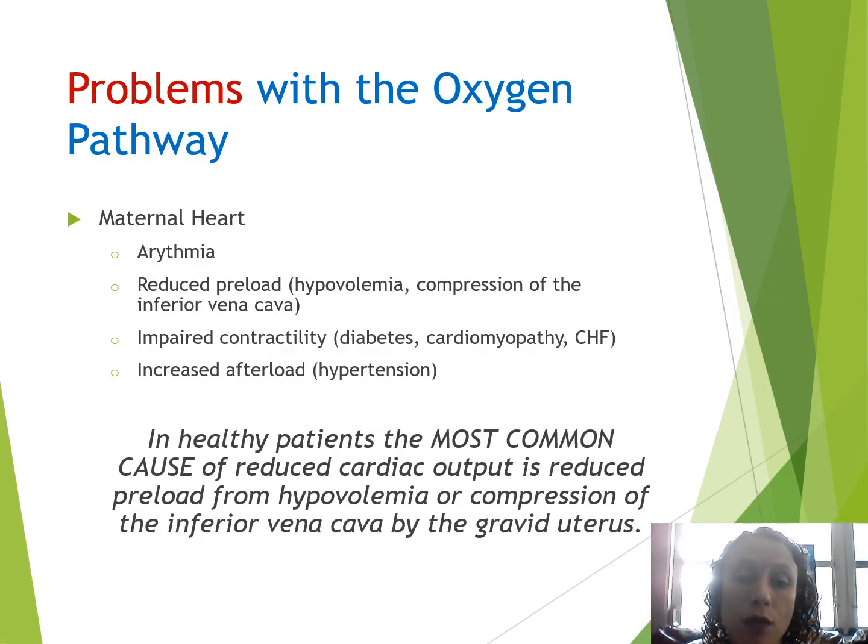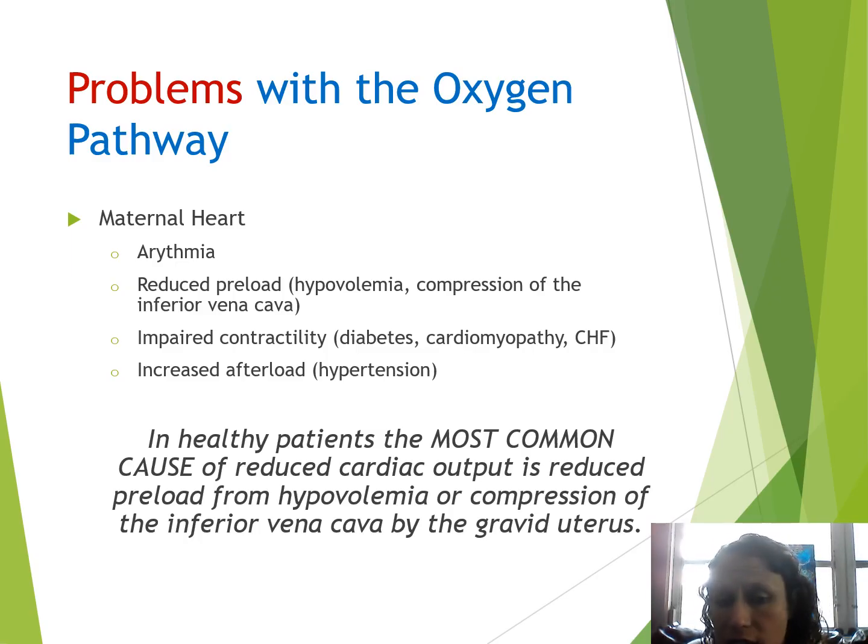If she has hypovolemia, so if she has very little fluid intravascularly, right, it could cause a problem with her preload, okay? So if she's dehydrated, anything along those lines, or if she has low blood pressure for other reasons, it could cause that reduced preload.